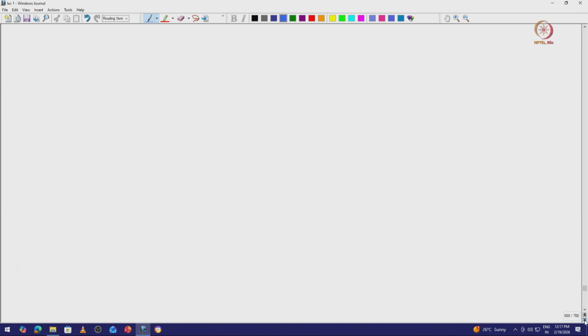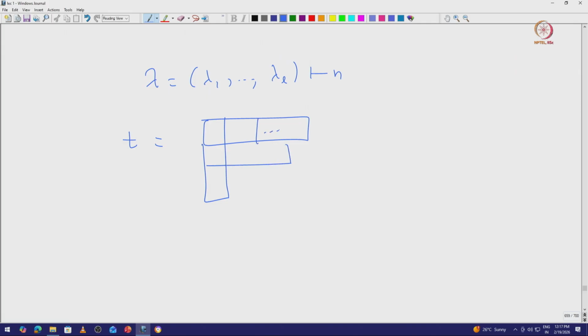And this is true for any tableau. Like if you take lambda, which is a partition of n, and then look at the tableau T, let us say this looks something like this, with some entries A11, AK11 and so on, A12.